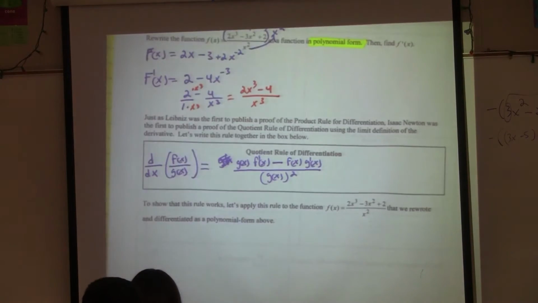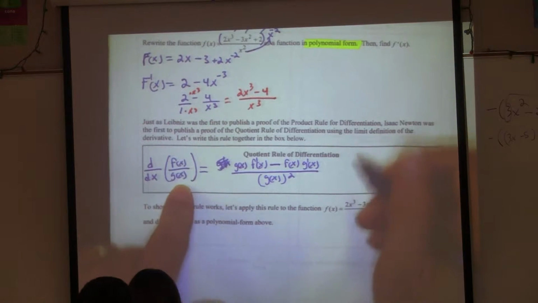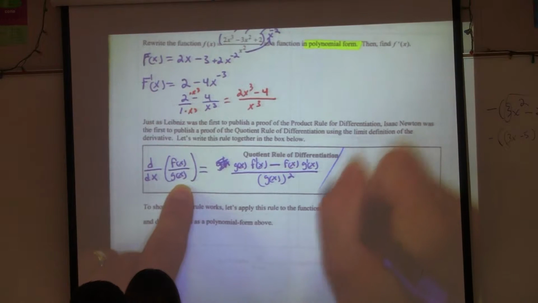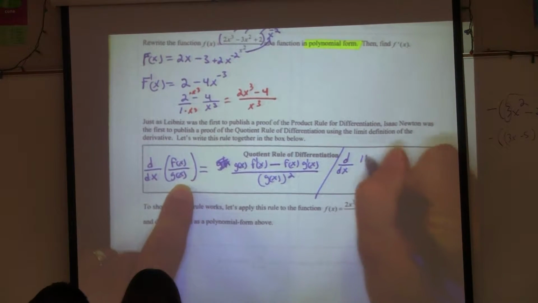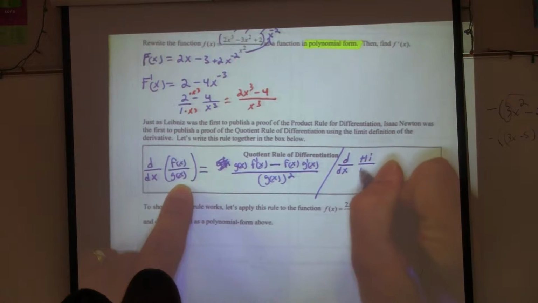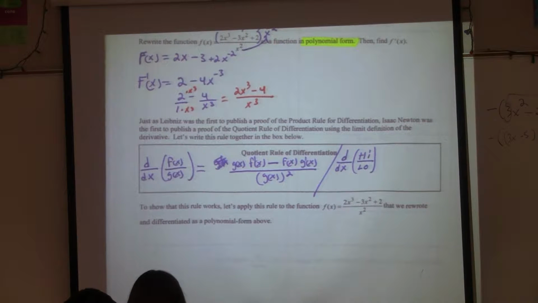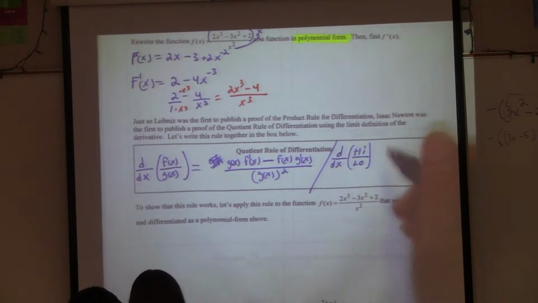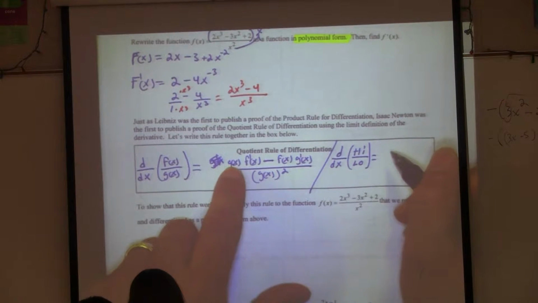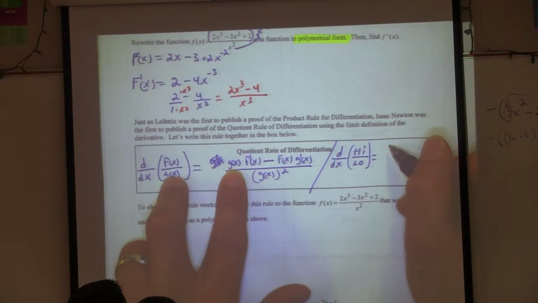Yeah? Alright, so here's another way to remember it. So we have a function on the top and a function on the bottom, right? So what we're going to say is the derivative of high over low. The derivative of the high function over the low function. And all you have to say is g of x is which one? Is it the high one or the low one? Low.